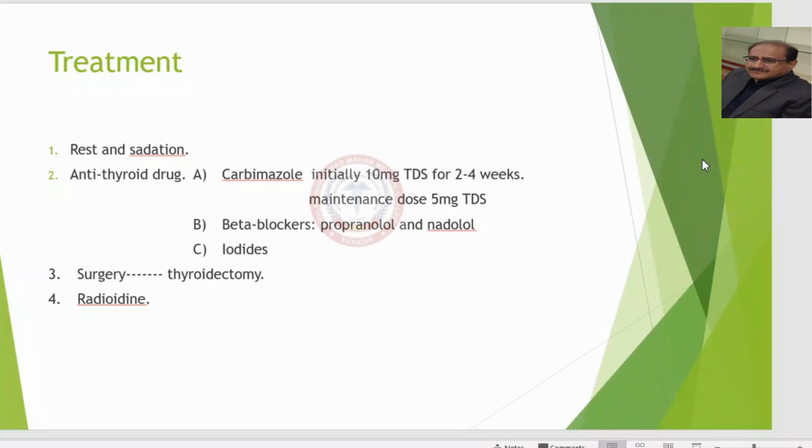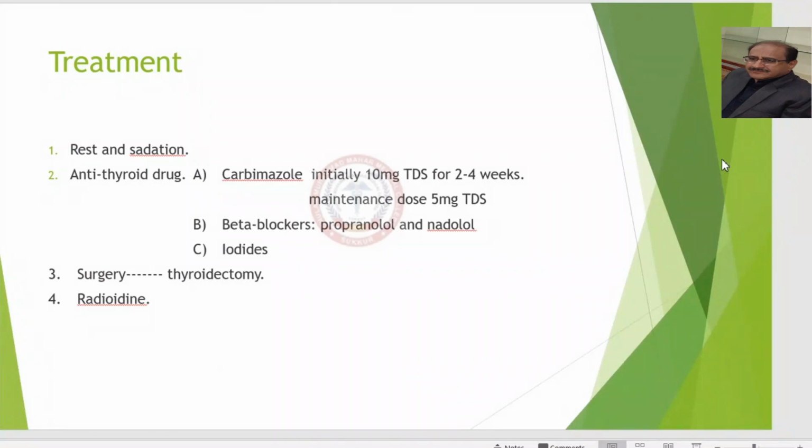In cases of thyrotoxicosis, because the chances of recurrence are more, we better advise total thyroidectomy or near total thyroidectomy. If we go for a total thyroidectomy, the whole thyroid gland will be removed, then we have to keep the patient on long life replacement with thyroxine.